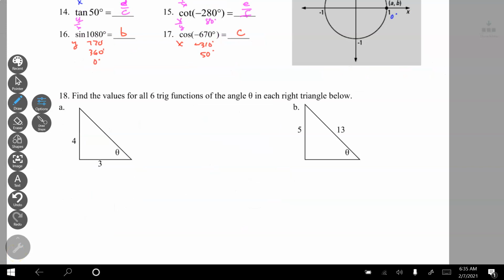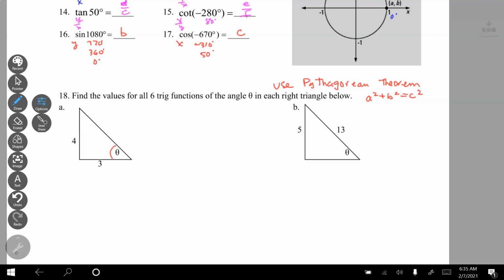So I'm going to figure out all 6 trig functions for this angle, and I always put this angle from the positive x. So I'm going to give you 2 sides. How do you find 3 sides of a triangle? I use Pythagorean theorem. A squared plus b squared is equal to c squared.